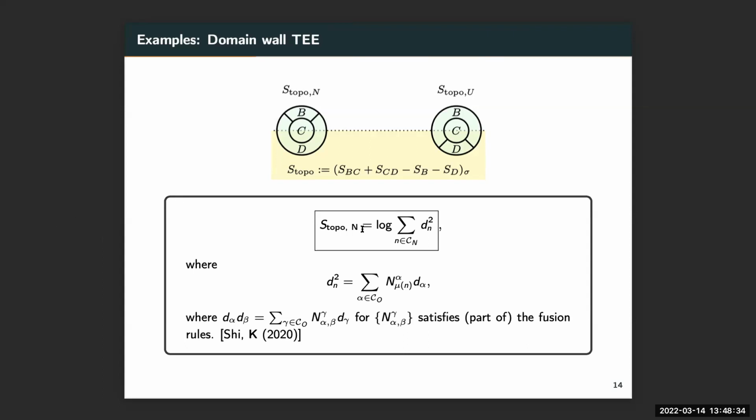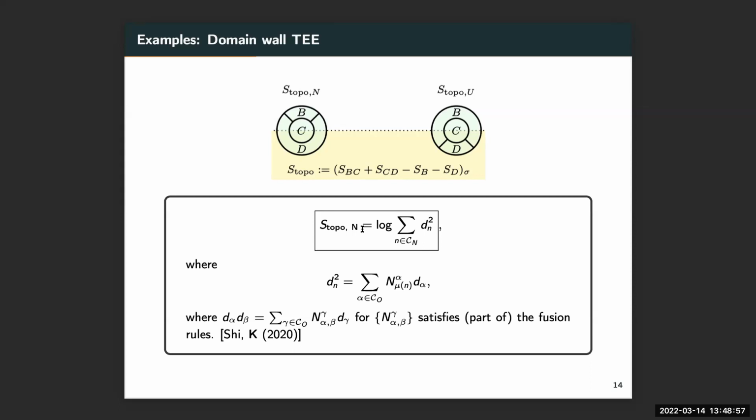Again, this d sub n, these are some versions of quantum dimensions when you have domain walls, and they are not arbitrary numbers in the sense that they must satisfy certain identities involving these n's, which are supposed to be integers, and you derive this expression for an analog of this topological entanglement entropy in 2D.